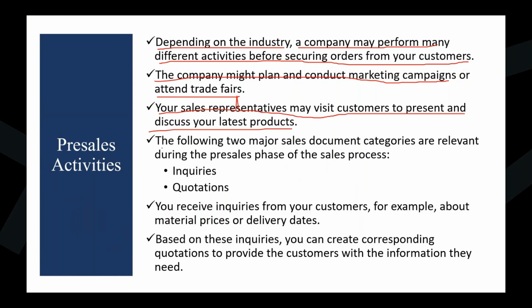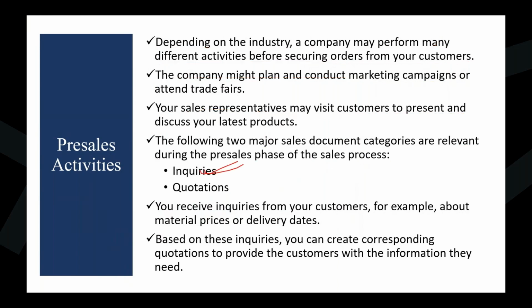The following two major sales document categories are relevant during the pre-sales phase of the sales process. One is inquiries, the other is quotations. We will see these two. You receive inquiries from your customers, for example, about material prices or delivery dates. So basically once you do pre-sales activities, the customer may ask about a particular product: what is this product, what is the quantity, what is the price.